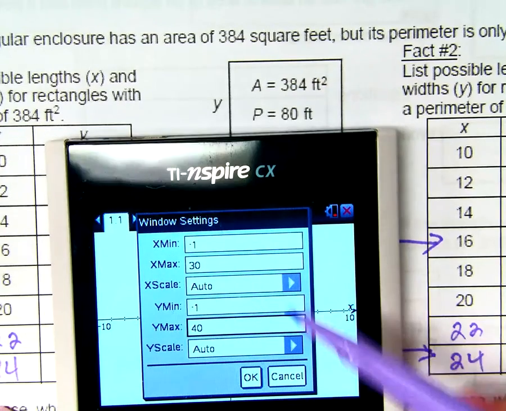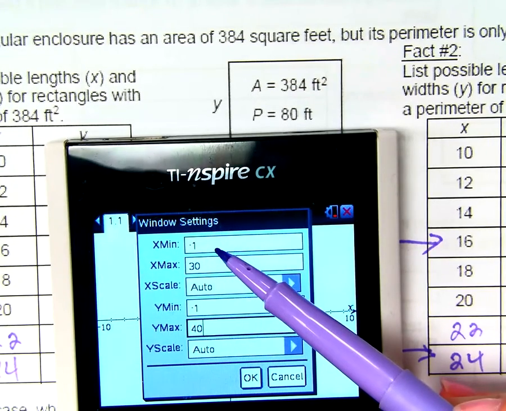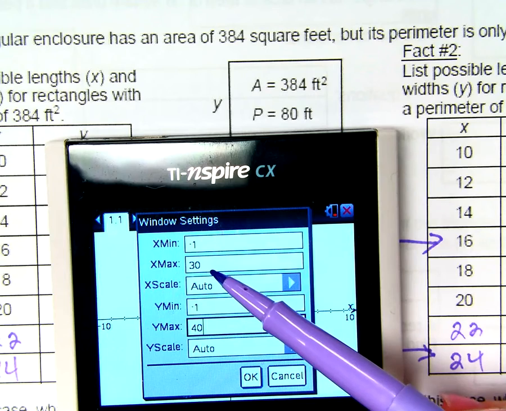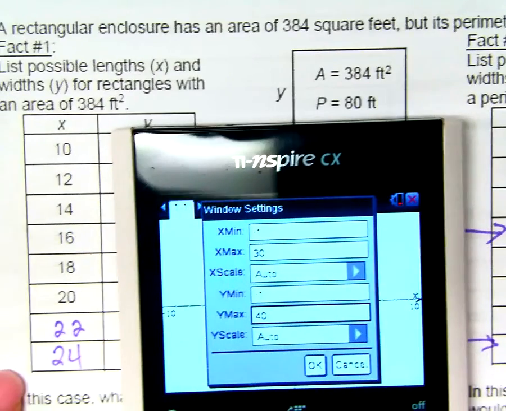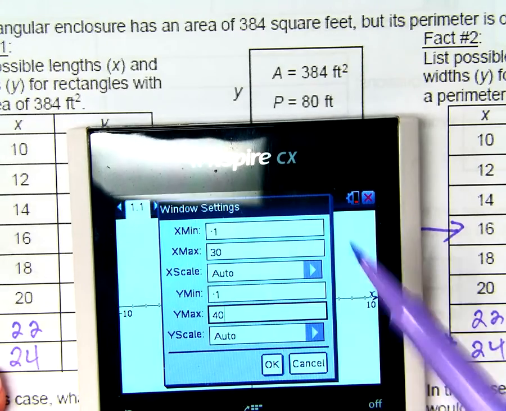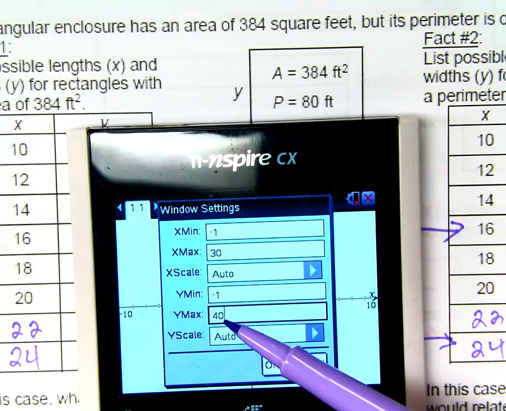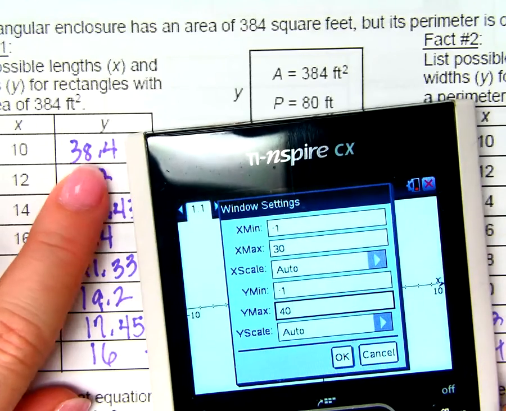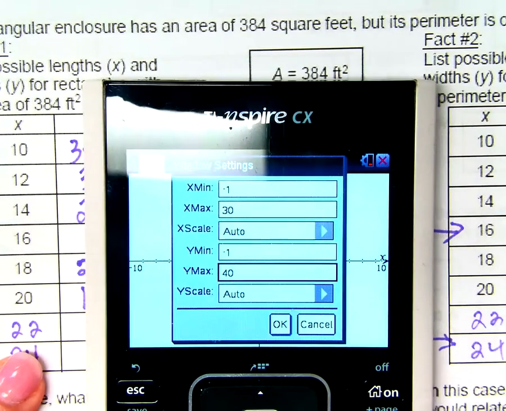Okay? So why did we choose negative 1? So you can see the axis. Why did I choose 30? Because it's just over my highest x value, which is 24, so I want to be able to see the ends, right? Why did I choose 40? My highest one on either table was 38.4. I want to be able to see that.